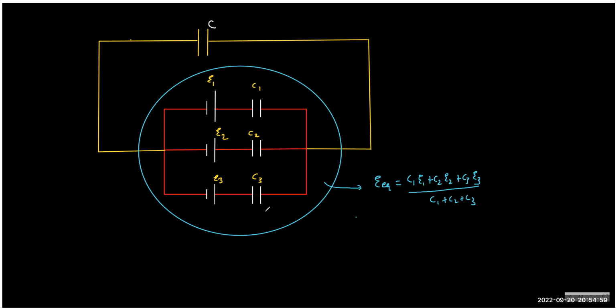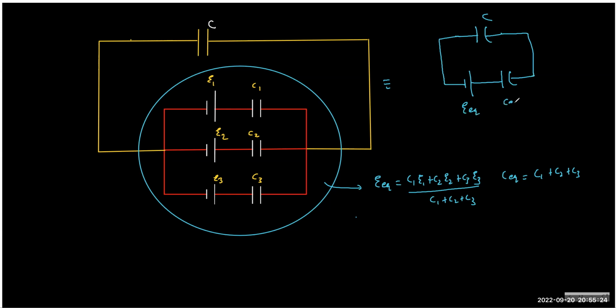And all these capacitors we can replace by C equivalent, because they are in parallel, so you just add them without worrying about the battery. And therefore this circuit we can redraw as a single cell with the same polarity and a single capacitor. This is E equivalent and this is C equivalent. Okay.